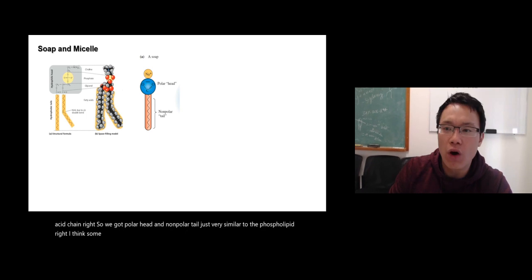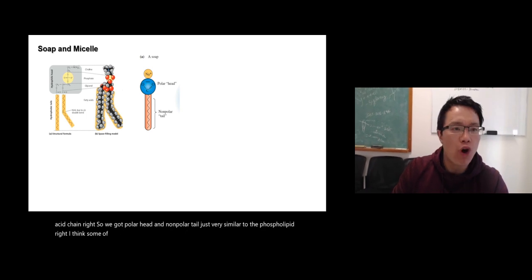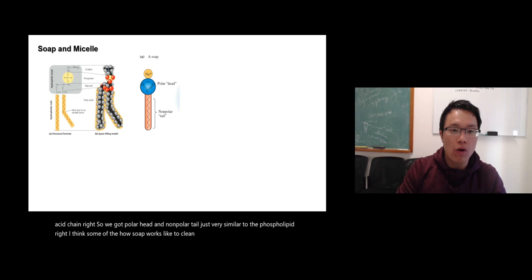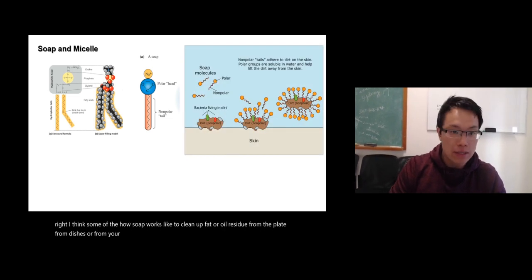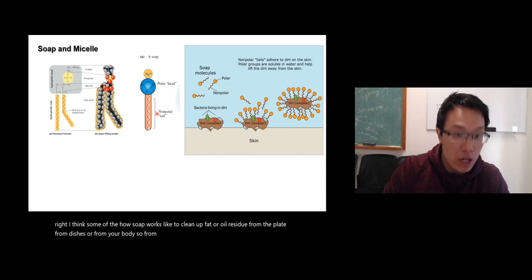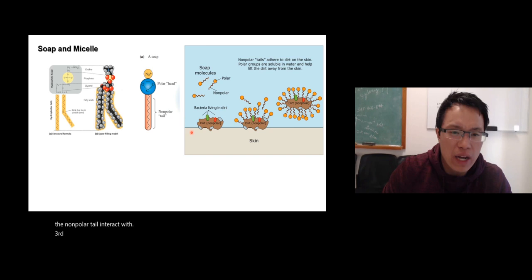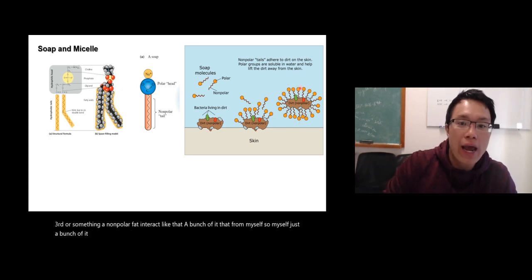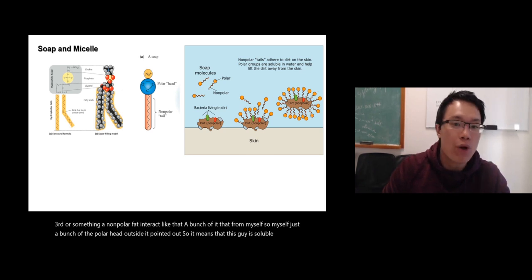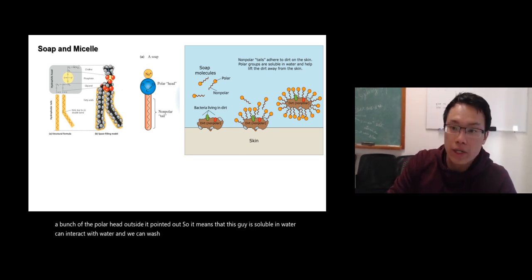I think some of you know how soap works, cleaning fat or oil residue from dishes or from your body. The soap molecules use the non-polar tail to interact with the dirt, the fat, and gather in a bunch like that. The polar head points outside, so it is soluble in water, can interact with water, and we can wash it off using just water.